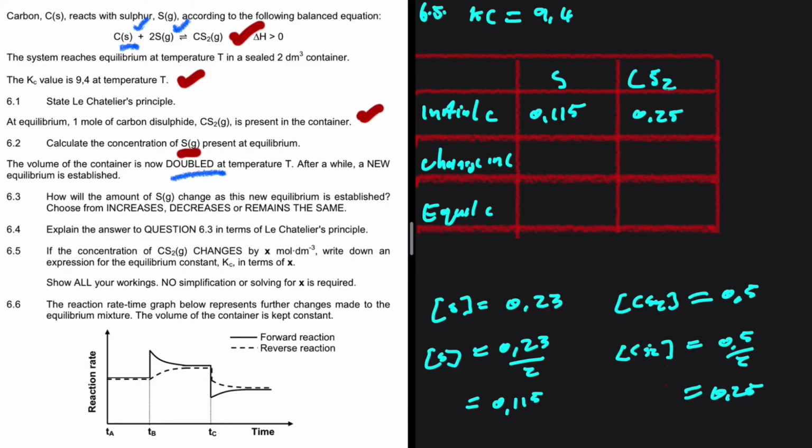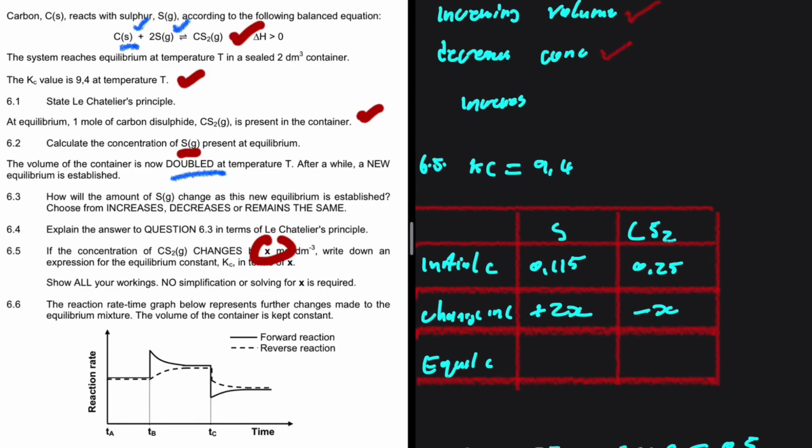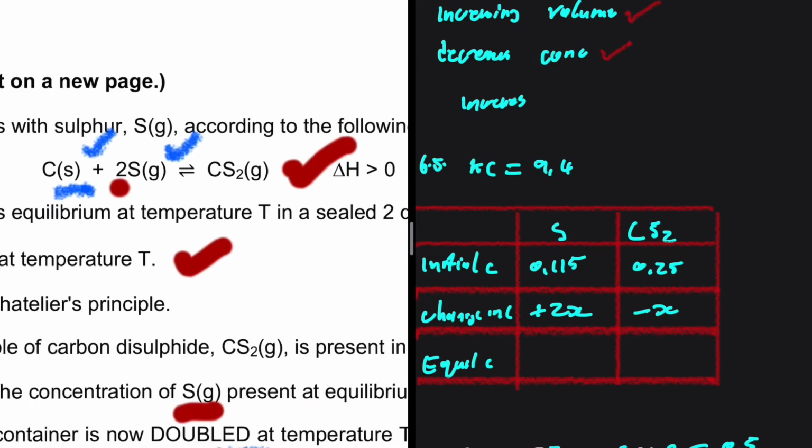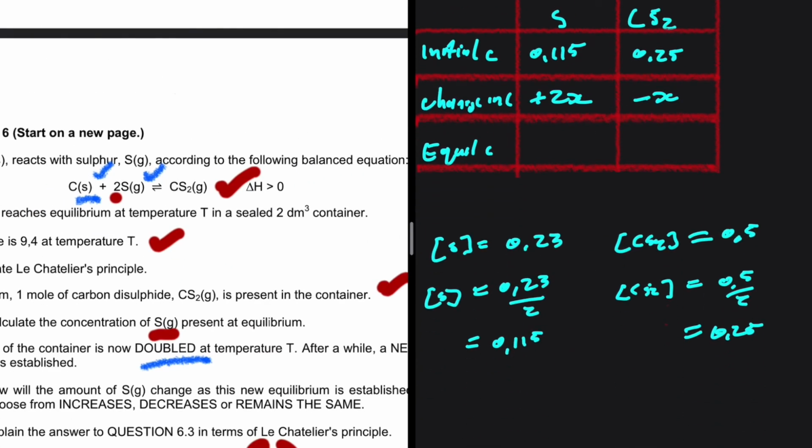We are told that the concentration of CS2 changes by x. In 6.3 and 6.4, we've already explained that the reverse reaction is going to be favored. So this is going to be minus x. The concentration of CS2 is going to decrease by x, while on the other hand, the concentration of sulfur is going to increase by plus 2x. Why plus 2x? The balancing coefficient of sulfur is 2. So that's why we have that there.